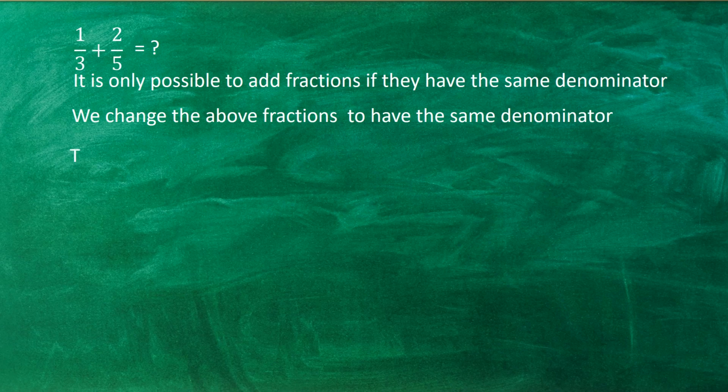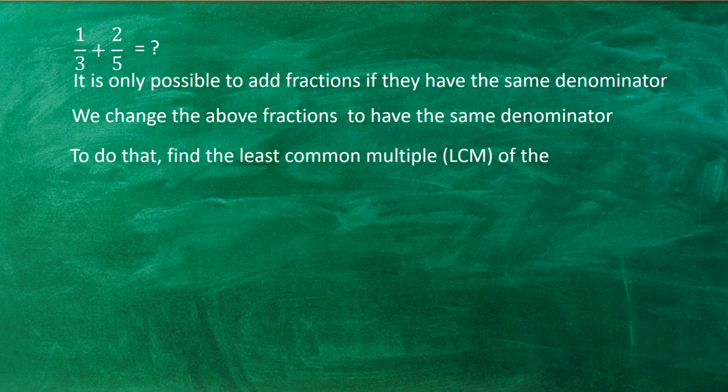Now how shall we do this? First of all, we'll have to look for the lowest common multiple of the two denominators. In this case, we're going to find the multiples first of 3. We can give about 3, 4, 5 of them.